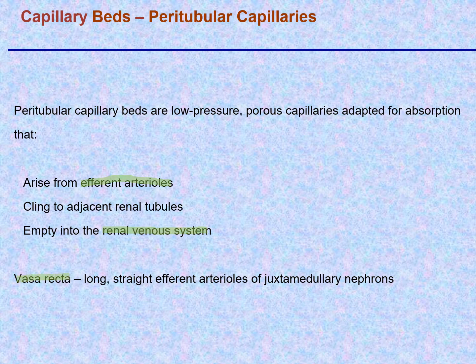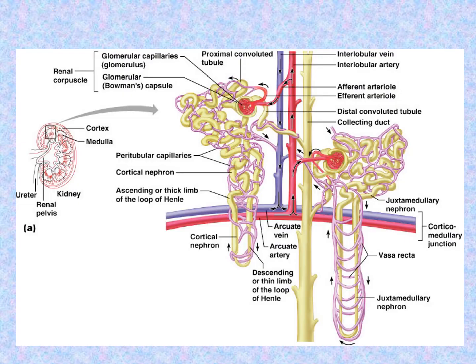Vasa recta are specialized, very long, stretched out efferent arterioles leading to the peritubular capillaries around the loop of Henle and the juxtamedullary nephrons. Here you see these vasa recta coming down, and there are capillaries around this structure.